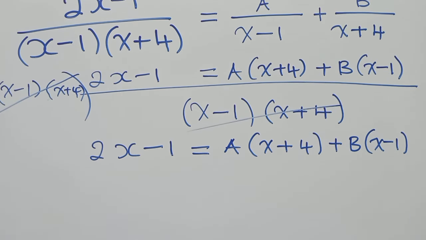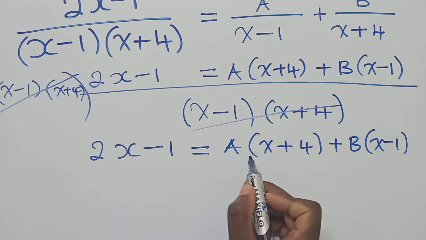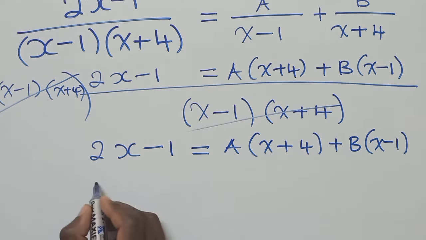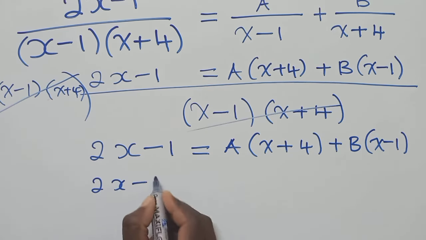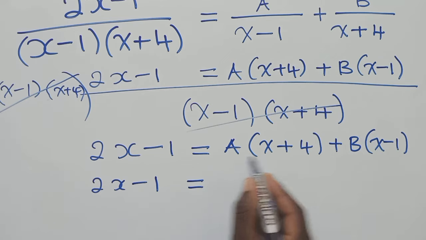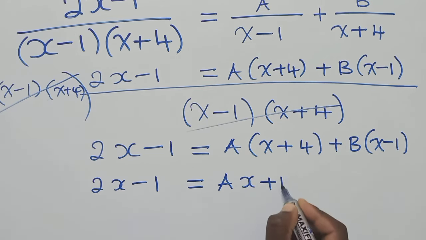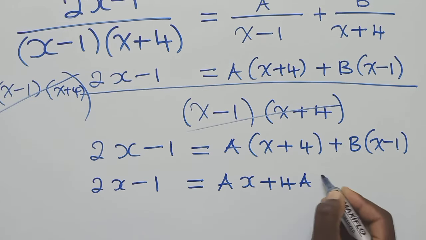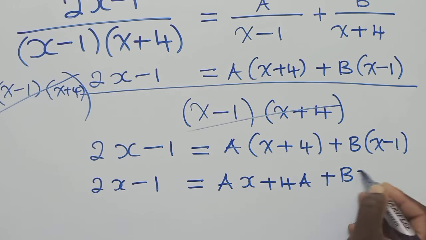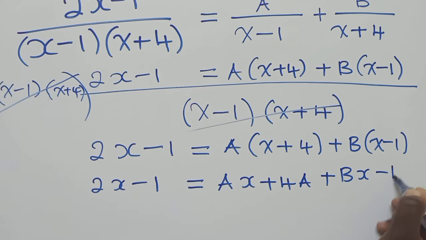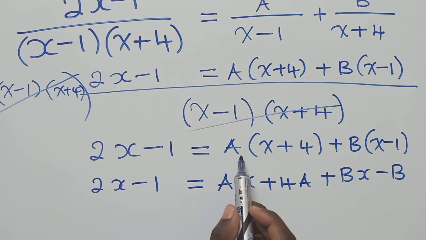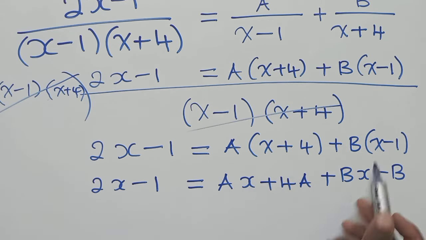The next thing now is to distribute, get rid of these brackets. So we have 2x - 1 here is equal to Ax + 4A + Bx - B. So I've just gotten rid of the brackets.